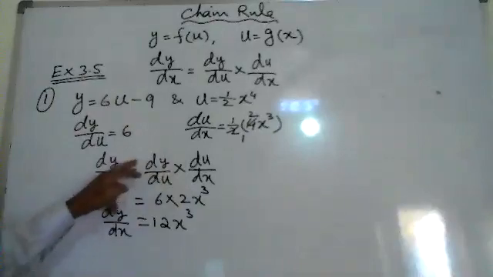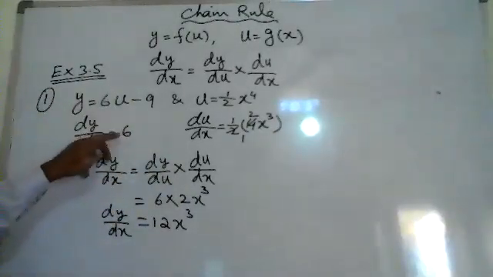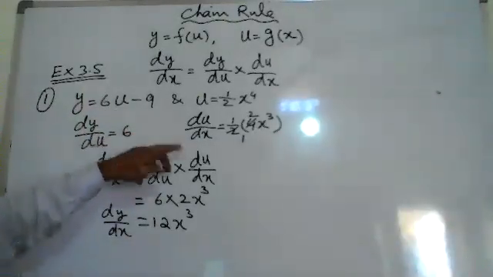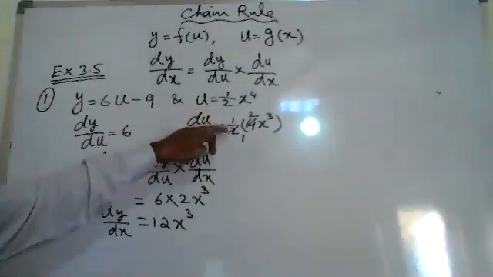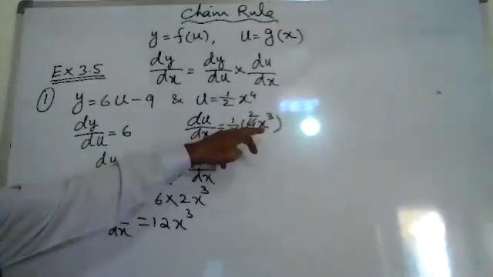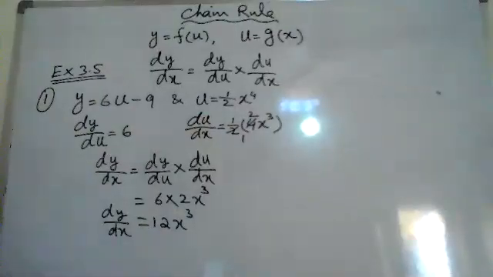So first of all, we'll find dy upon du. Dy upon du is equal to 6 minus 0, that is 6 only. And du upon dx will be equal to, 1 upon 2 is constant, the derivative of x raised to power 4 will be 4x raised to power 3. So 2 is cancelled by 2. It will become 2x raised to power 3.